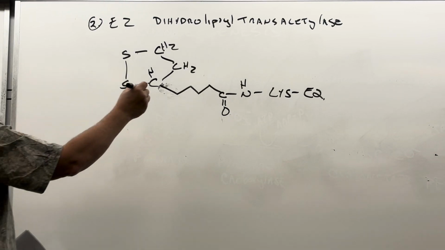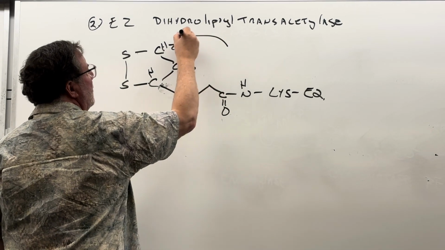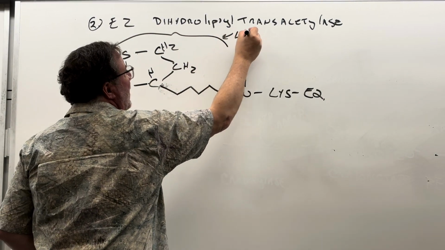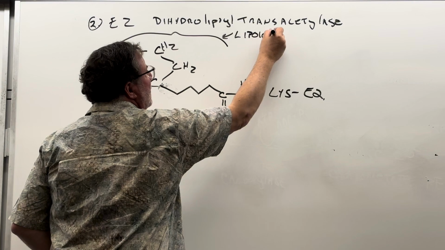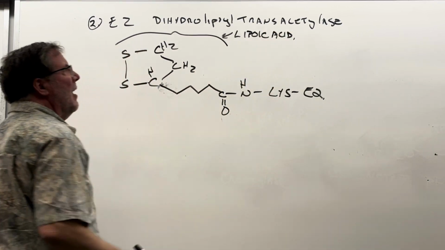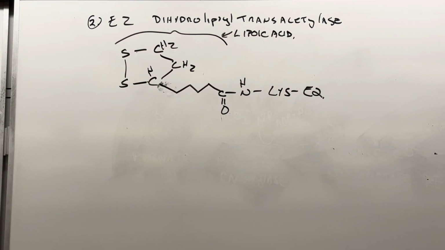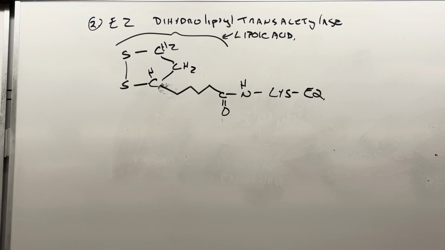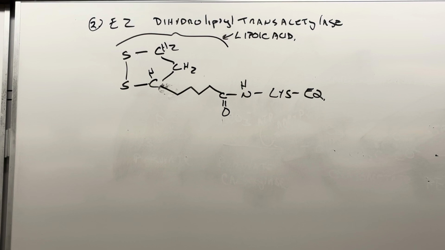So this part of it here is known as lipoic acid. It's also nutritionally required, except that E. coli makes it so we can pretty much get it from E. coli. I'd have to look to see if there are many examples of people who suffer from lipoic acid deficiency.